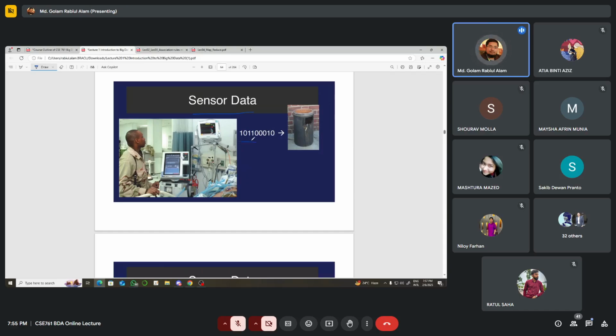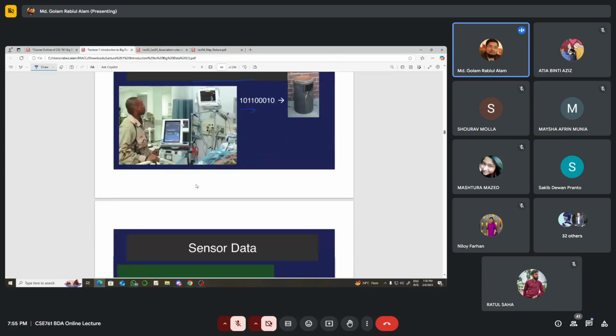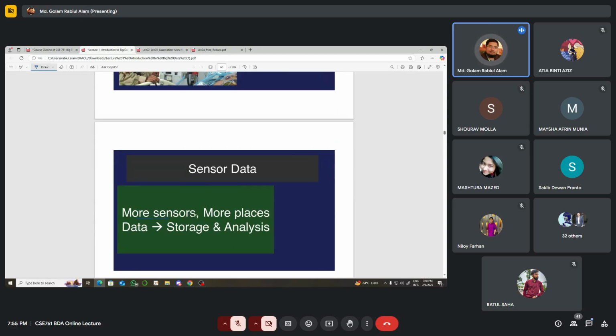If those data are continuously stored in some files, then you will get a huge amount of data per day. And with more sensors, there are more places of data. Then we need to think about the storage and analysis. How can we store those data? Can we store them within a single place, or do we silo the data? Then how can we connect those?